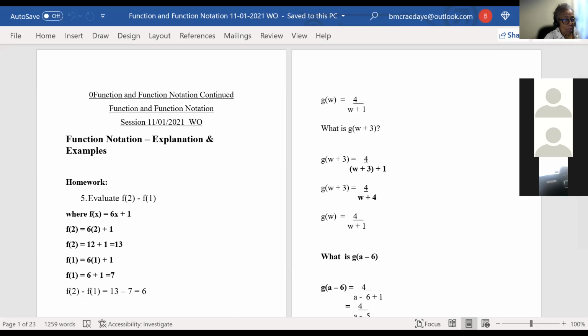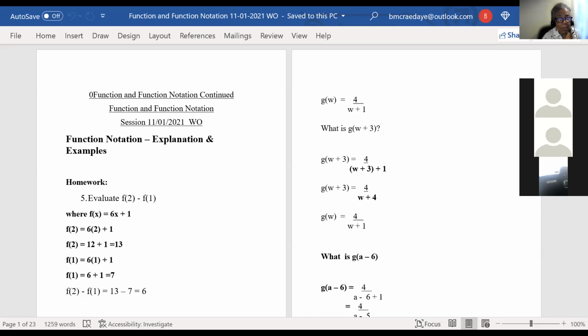A function is a relationship where there's only one dependent value for the independent value. In other words, if you have XY pairs, you cannot have your X repeating. Once you see your X repeating in a set of XY pairs, then you know it's not a function.